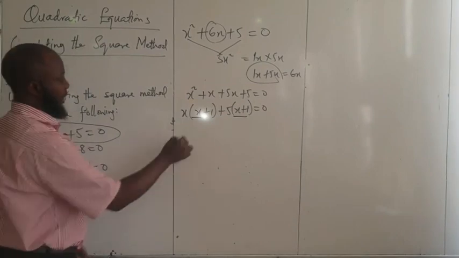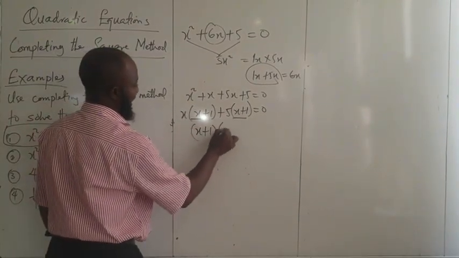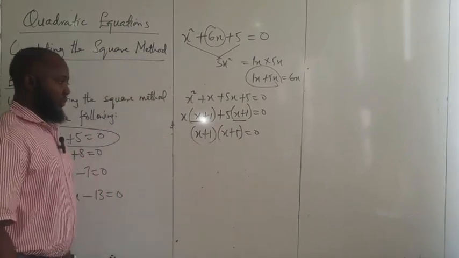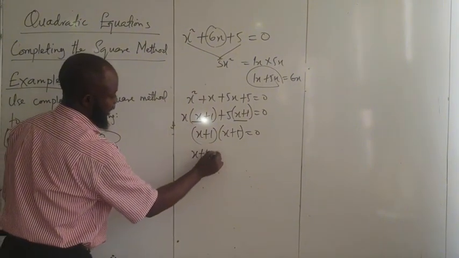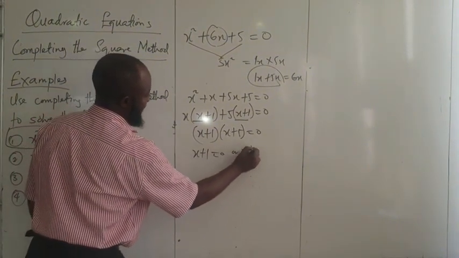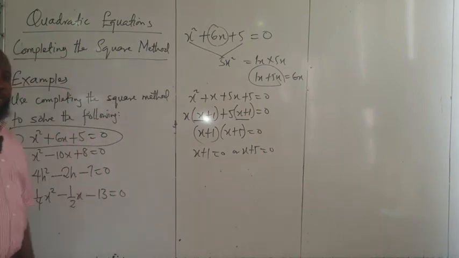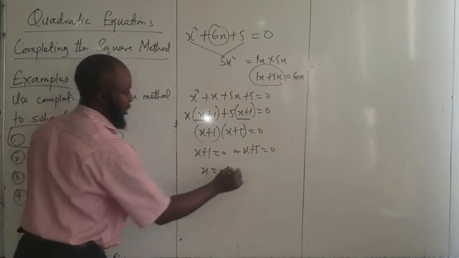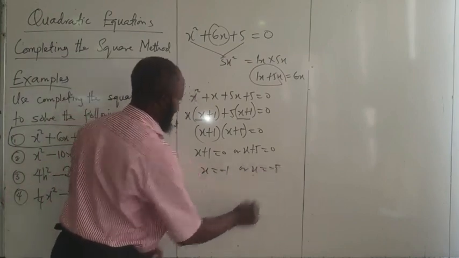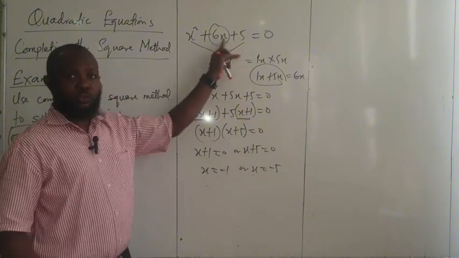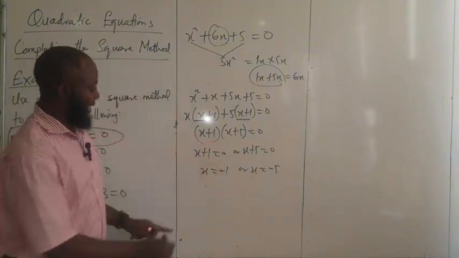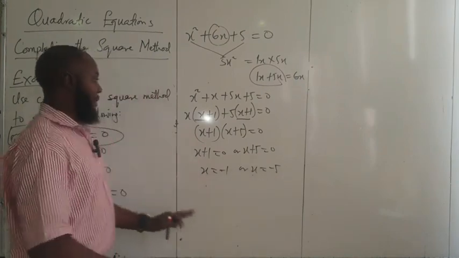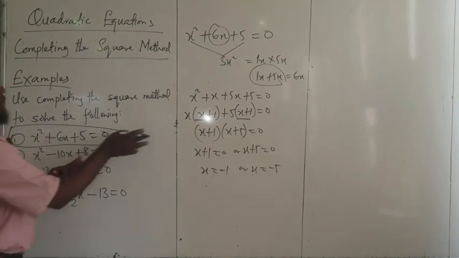So because they are the same, we can have x plus 1 times x plus 5 equals 0. Therefore x plus 1 equals 0 or x plus 5 equals 0. So x equals minus 1 or x equals minus 5. These are the roots of this equation, that is x equals minus 1 or x equals minus 5.